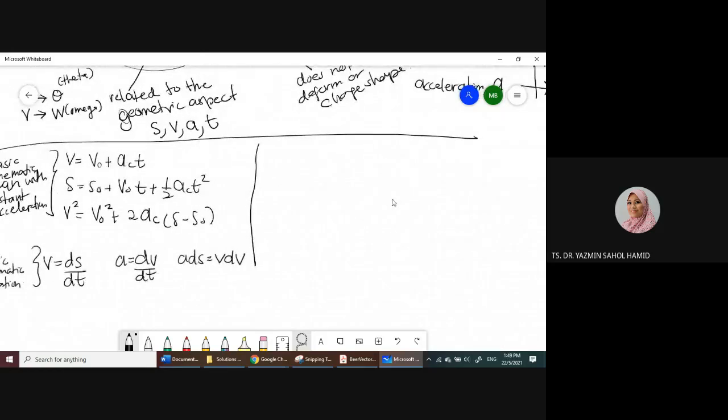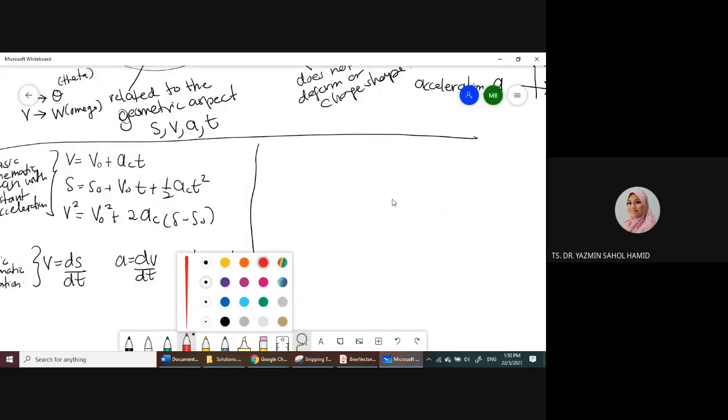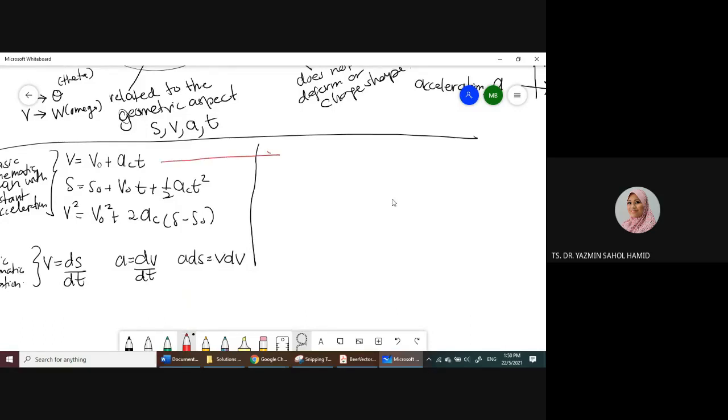Okay, now let's change this. Let's use a different color so that you understand. It's the same concept, it's just that how we define it is different. So V will be what when we change this? Omega. Omega equals to omega naught plus alpha t. Do you understand, guys?